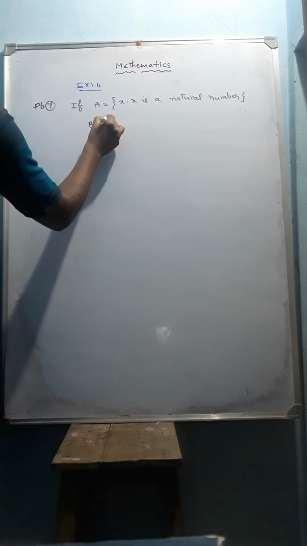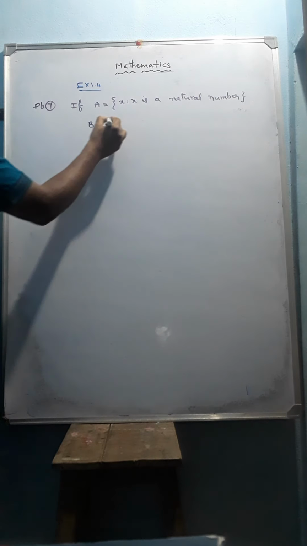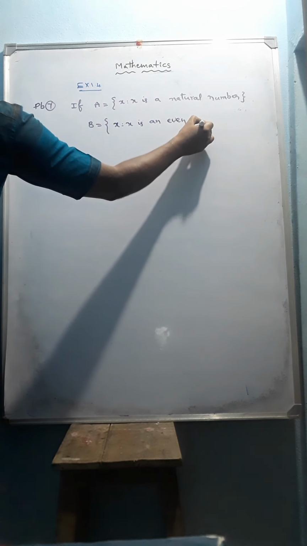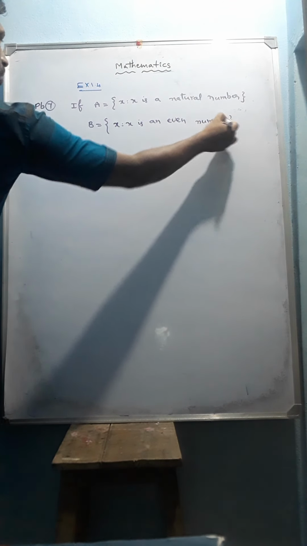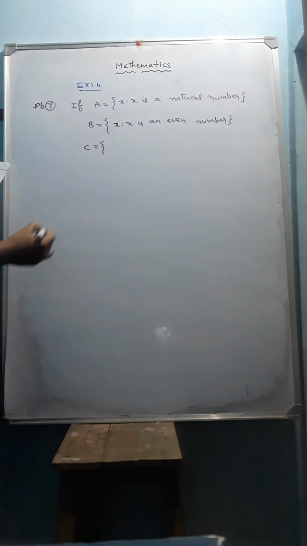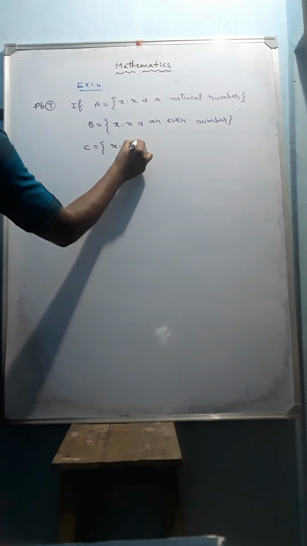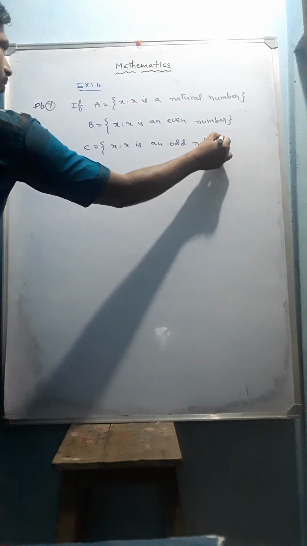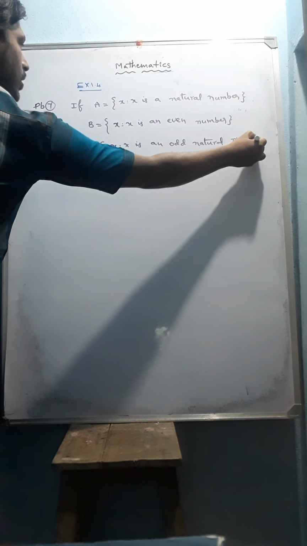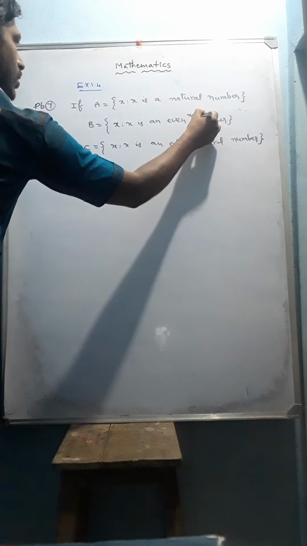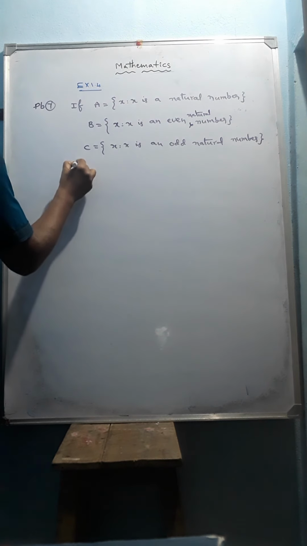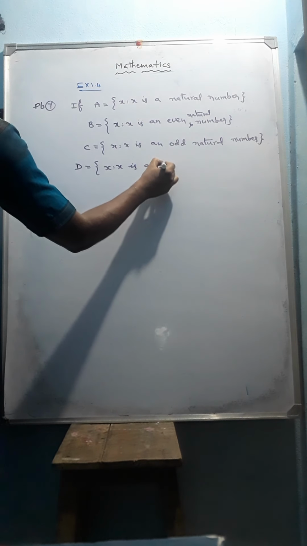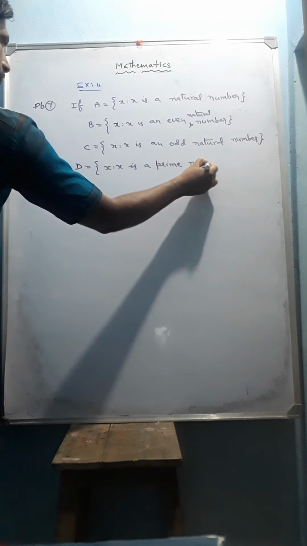Next, B is equal to set of x such that x is an even number. Next, C is equal to set of x such that x is an odd natural number. Here also you need even natural number. Next, D is equal to set of x such that x is a prime number.